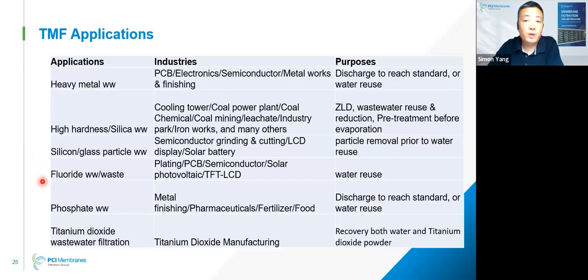And the fluoride wastewater or waste liquid is treated for discharge or for reuse. And some other phosphate wastewater, titanium dioxide wastewater. So I will talk about these applications in brief in the following slides.